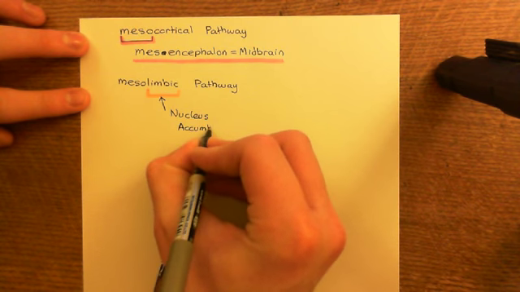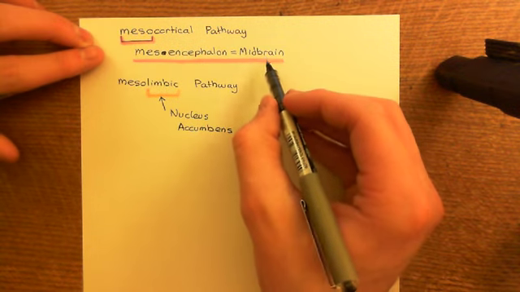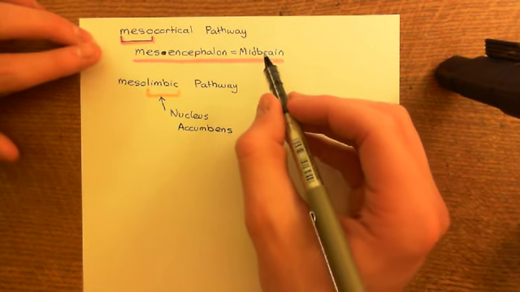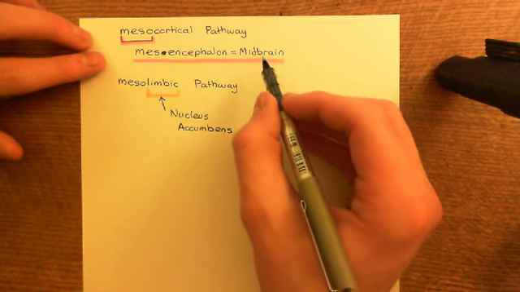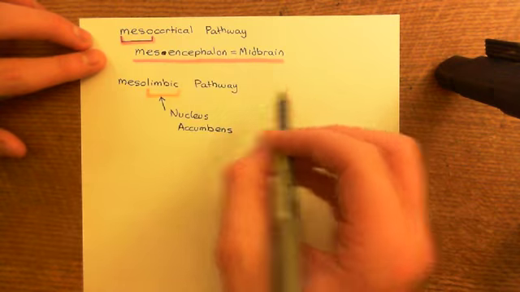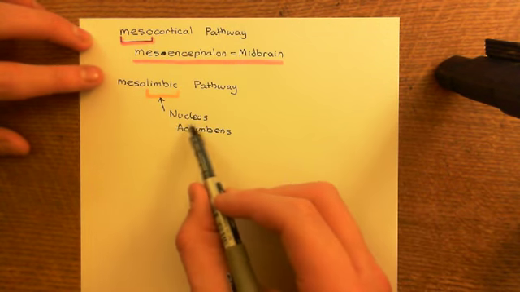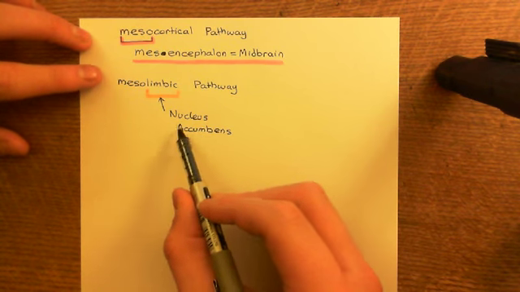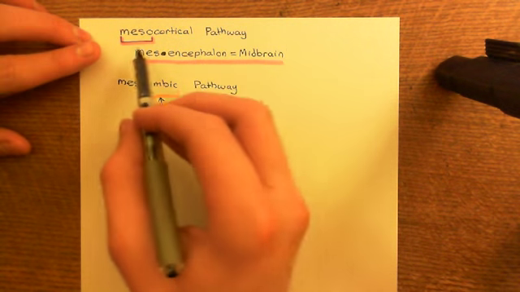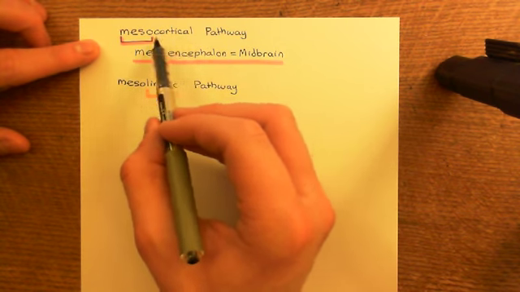So we want to start off with the mesocortical pathway, and the reason we're going to start off with it is because it will allow us to develop the anatomy of the medial forebrain bundle on its own, and we can see it going to the cortex. And we don't have to worry about developing the anatomy of the nucleus accumbens. Basically, the reason I'm picking the mesocortical pathway is because you already know what the cortex is, hopefully.